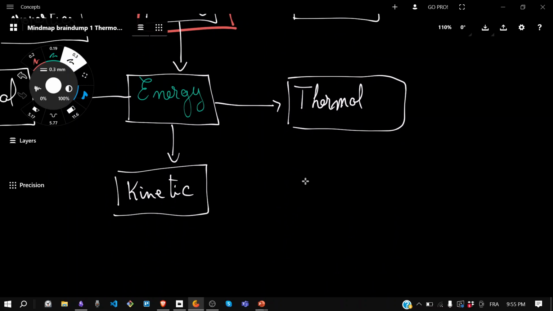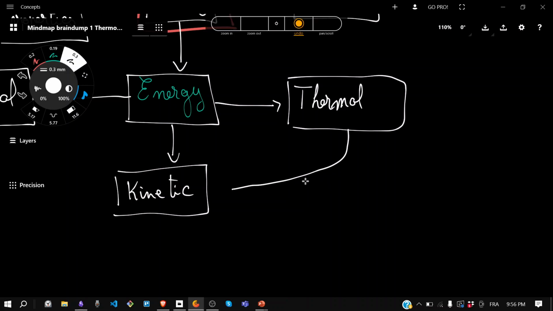So what is thermal energy? Thermal energy is just the kinetic and the average. Okay, so thermal energy. Hmm. It's a hard thing to describe. I would say it's the kinetic energy of an entire system of particles. So the thermal energy of a system is actually kinetic.